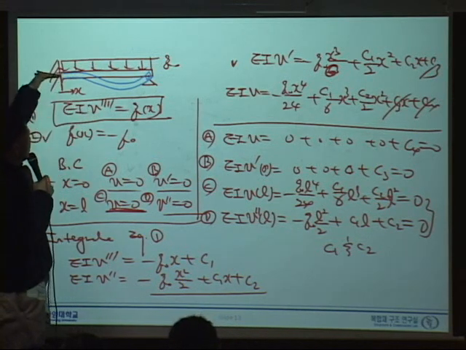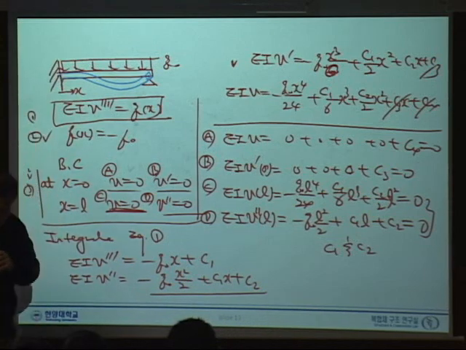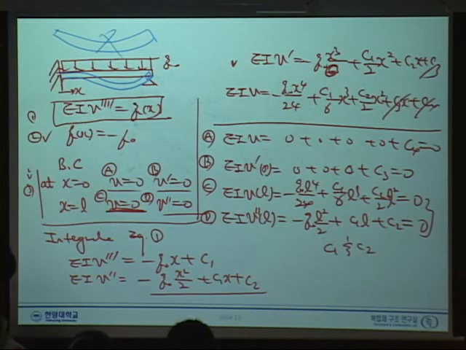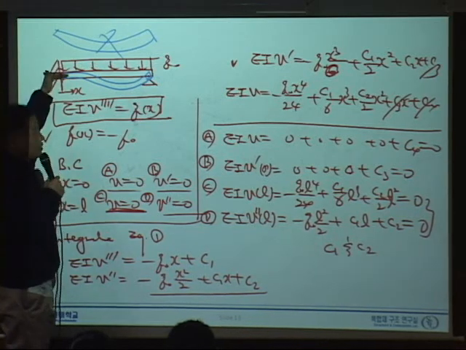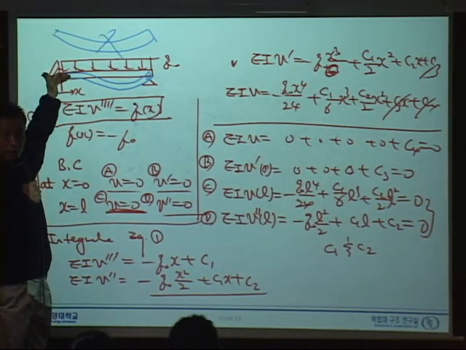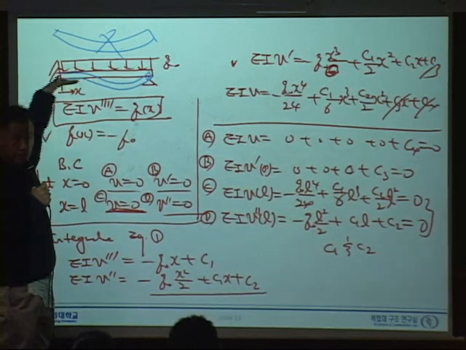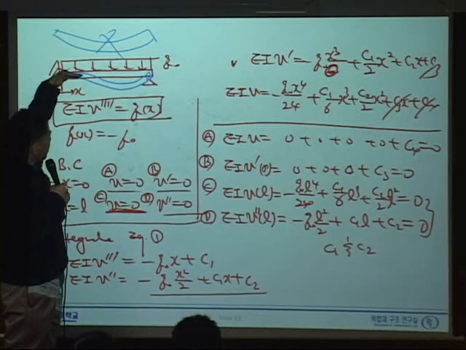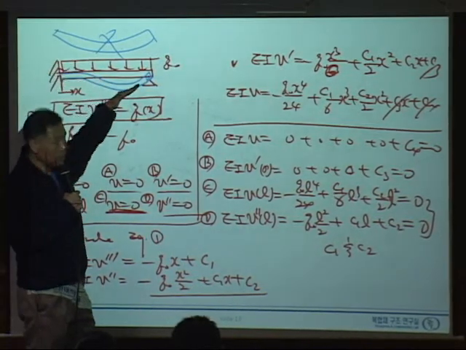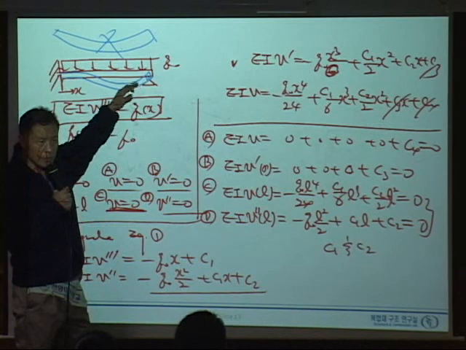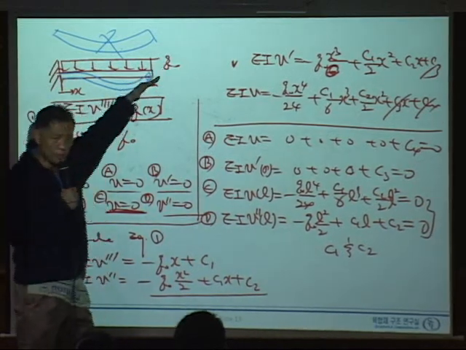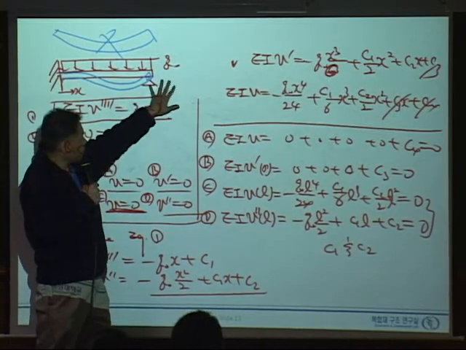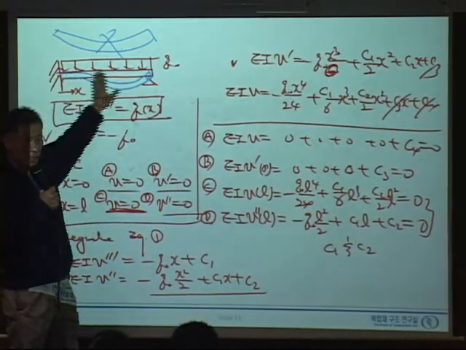You should be able to draw this kind of deflection. Pay attention. See, this one, you cannot draw this way, right? This is wrong. Why? Because here, the deflection should be 0 and the angle should be 0, right? Tangent. So it needs to be this way. And here, simple support means that you should have a certain angle. There's a big difference between clamped and simple support.